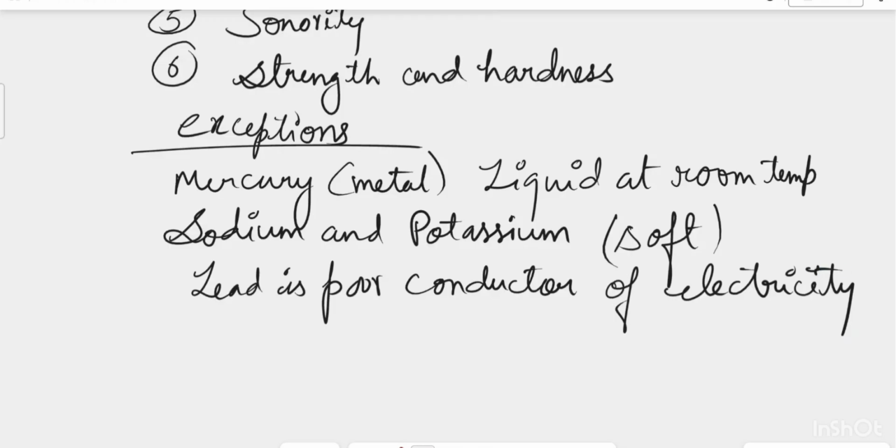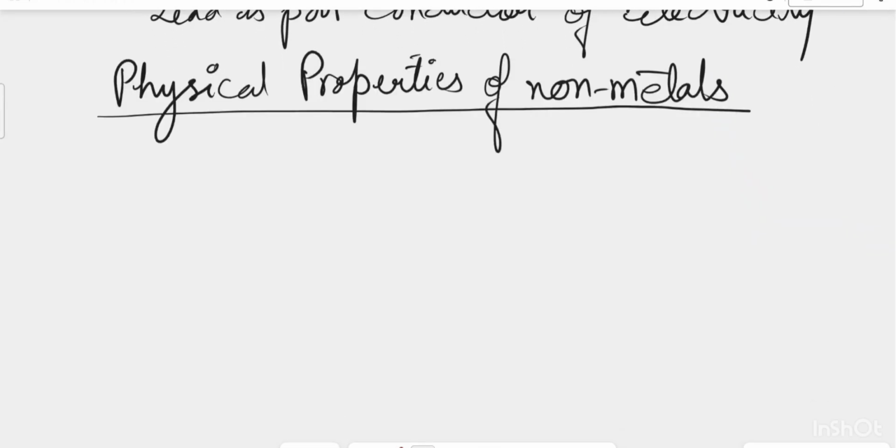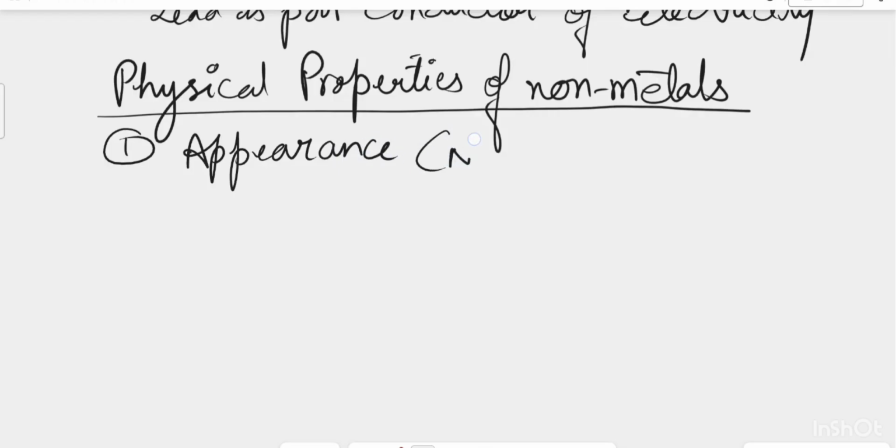Now these were the physical properties of metals. Now physical properties of non-metals. Number 1, appearance. They have no lustre. Non-metals like sulfur, phosphorus, they are dull.